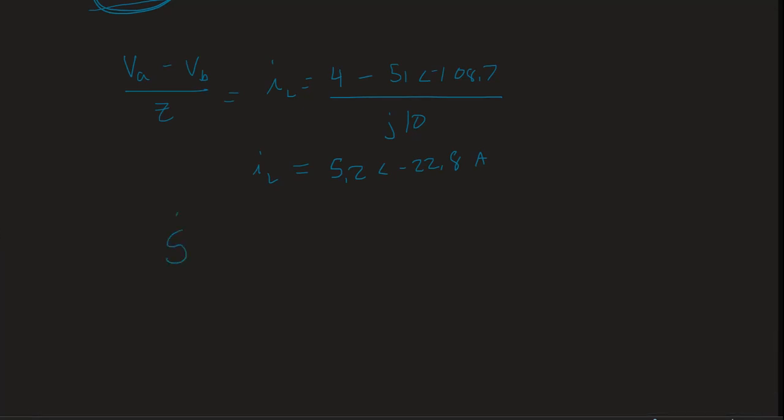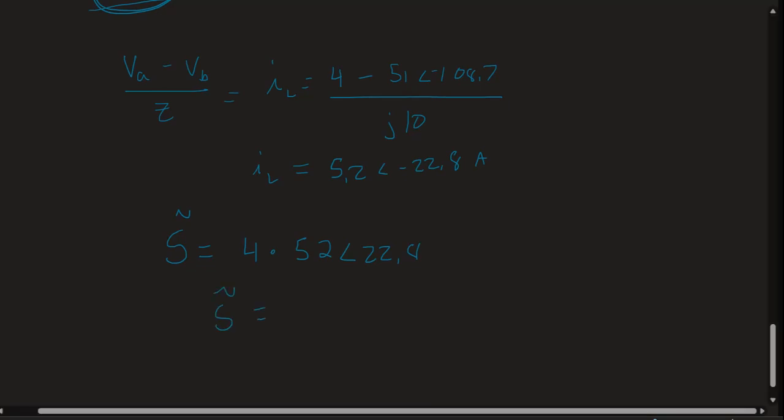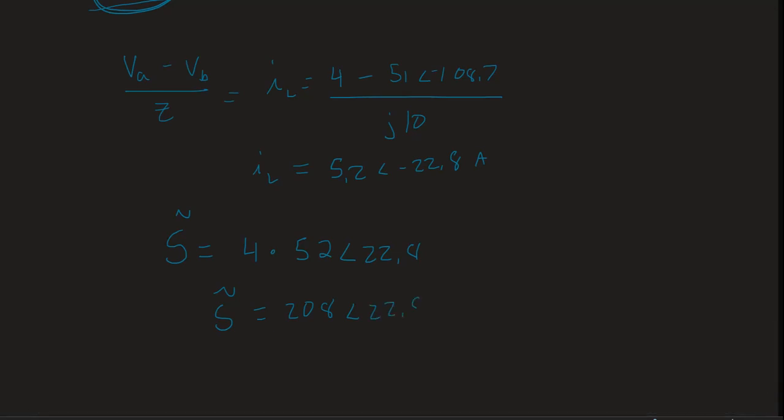So the complex power of the voltage source is the voltage of the voltage source, which is 4, times the conjugate of the current, which is 52 angle 22.8. So the complex power would be 208 angle 22.8 VA.